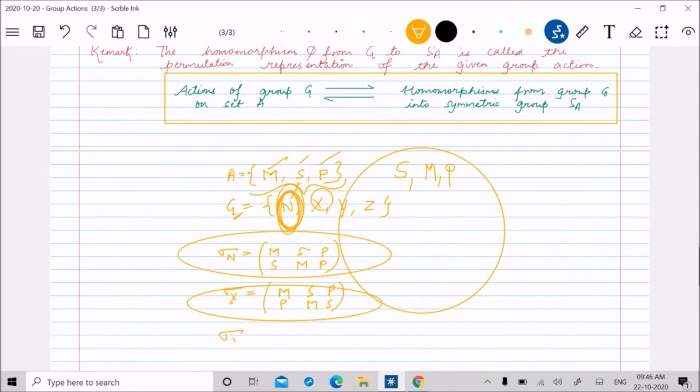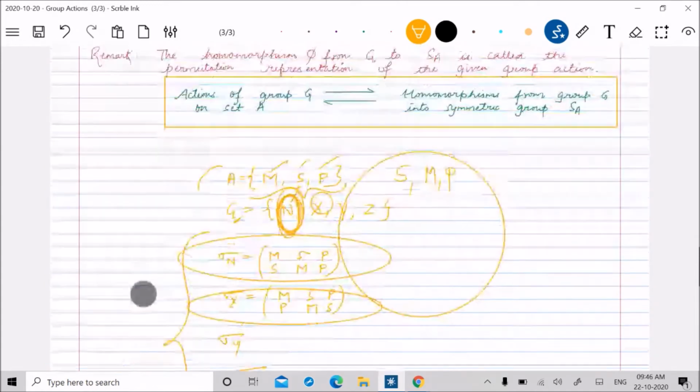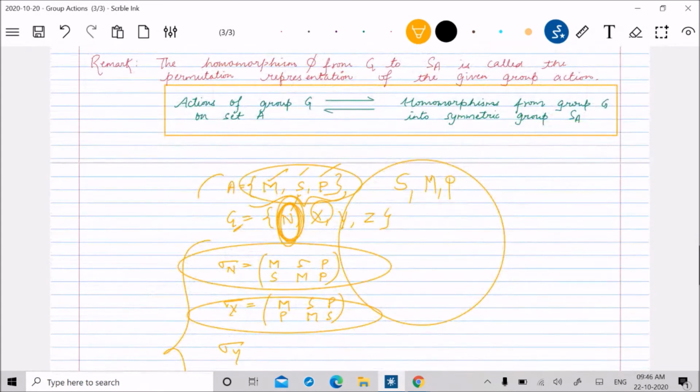Similarly, there will be sigma y, and similarly sigma z. They are actually 4 permutations, but the actual arrangements of these 3 elements were 6, because if there are 3 persons, then they can be arranged in a queue in 3 factorial ways, that is 6.